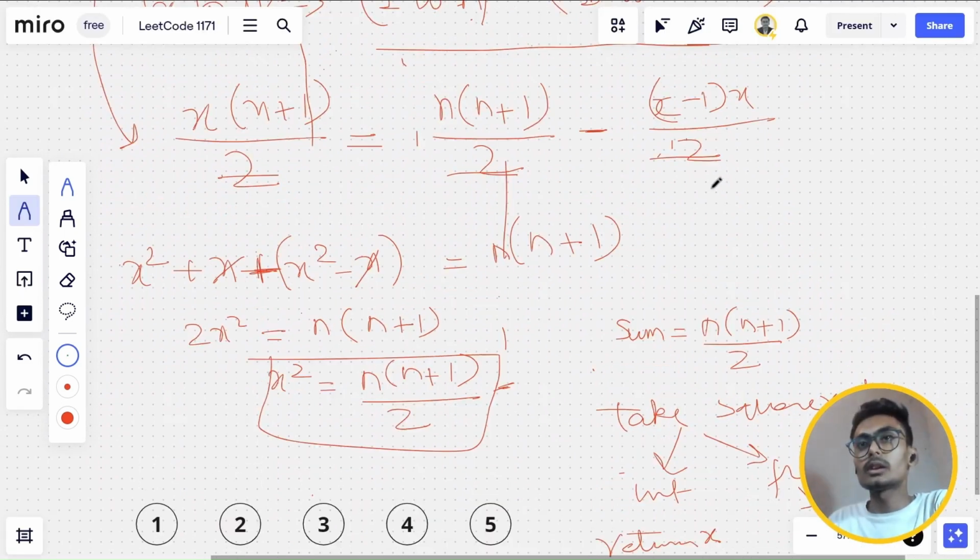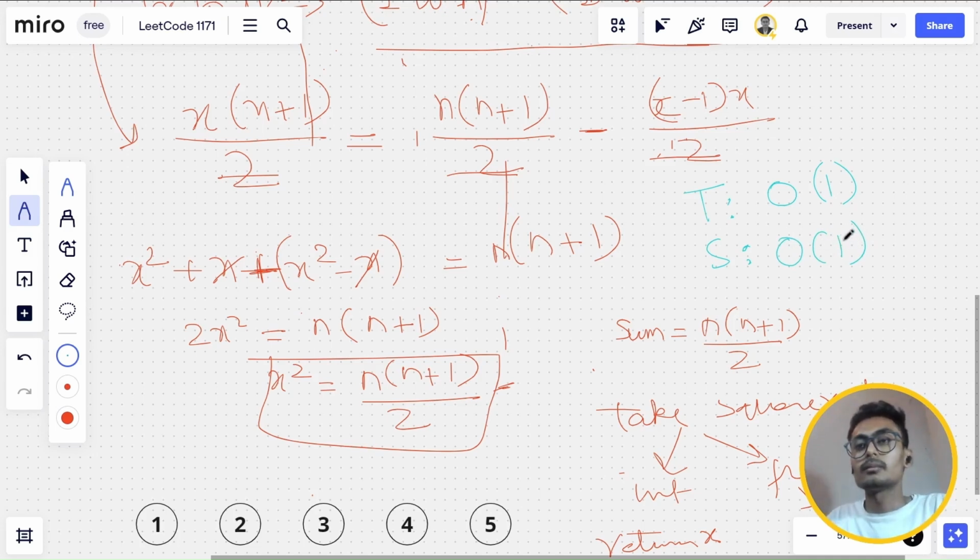Let's quickly talk about the time and space complexity. We are not running any loop, we are simply calculating the sum in constant time, so the time complexity is O of 1. Similarly, we are not using any extra space, so the space complexity is also constant.